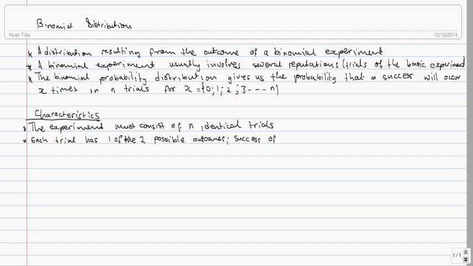Okay, I'm gonna write a rub off there. Success or failure. You need to take note that success is the desired outcome. Okay, so the next one we're going to have another characteristic.